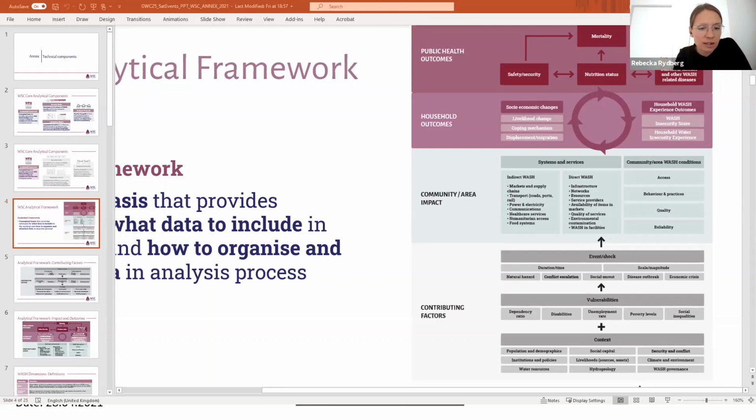Two more questions here. How do we ensure that the workshops in different countries or in different moments in time ensure comparable analytical results? Right. So on this one, there are two major ways to ensure comparability, right?